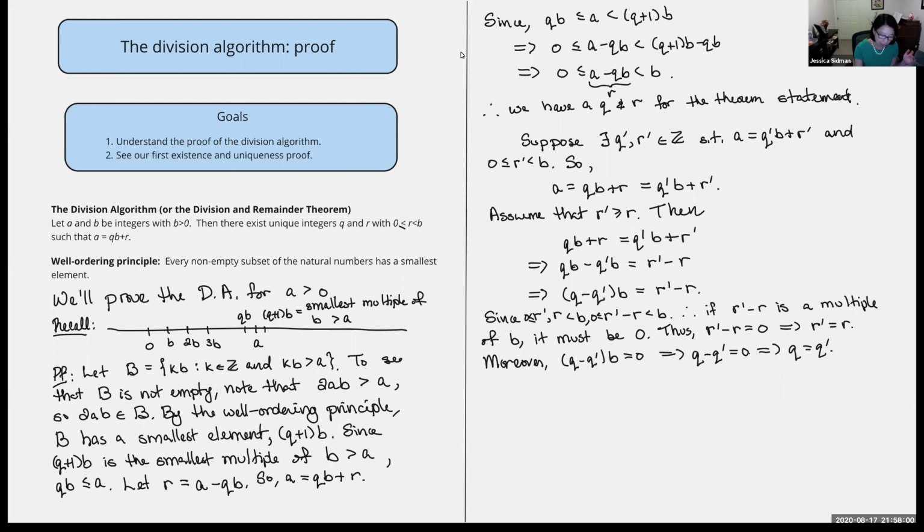What's happened here, I'm going to switch colors in my pen, is that in the second part of this proof, I said, suppose there exist other integers Q prime and R prime, such that A is equal to Q prime B plus R prime, and R prime is a possible remainder. And when I do that and do this algebra, what I see is that actually the Q prime has to be the same as my Q that I found in the first part of my proof. And the R prime has to be the same as my R. So in fact, my Q and R are unique, and we're done.